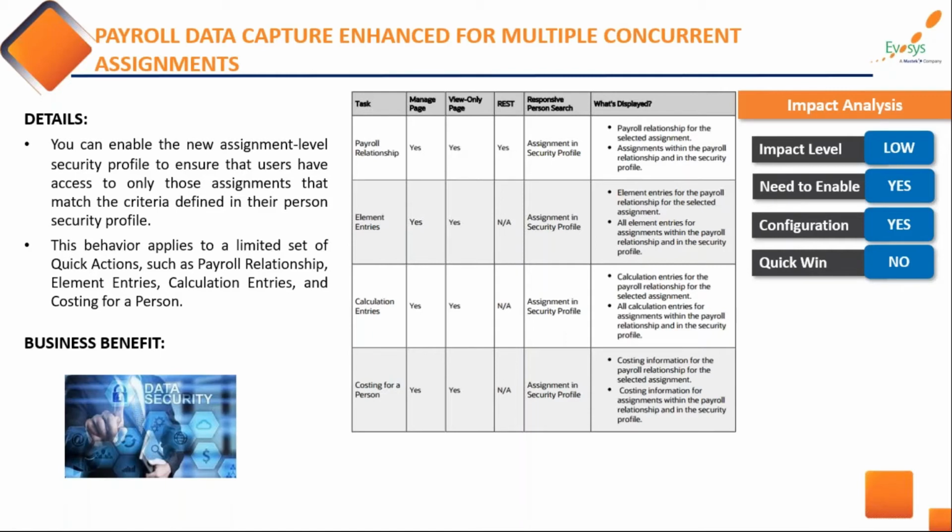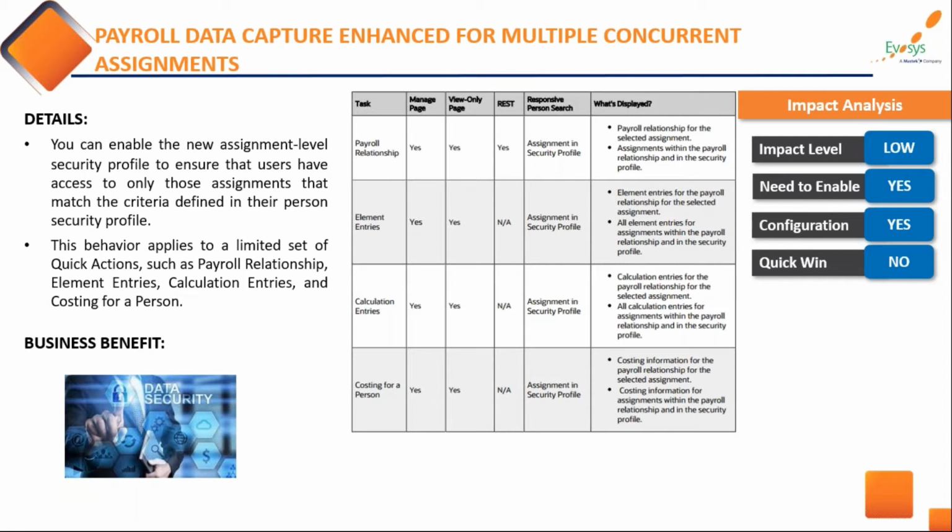This is on payroll data capture when we have multiple concurrent assignments. For those of you who haven't attended the previous session, just a quick heads up on what multiple assignment security is. Starting from 20D, Oracle has introduced a security level at the assignment level. Until now, we had security only at the person level, but now it's drilled down to the assignment level.